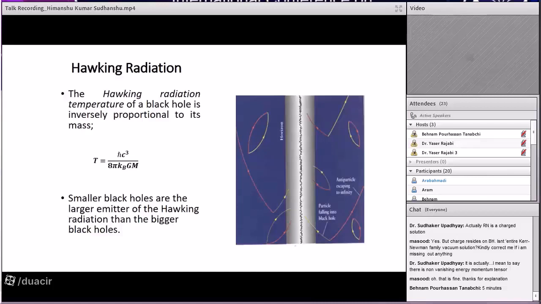A black hole that does not gain energy or mass from the outside will keep heating up by emitting Hawking radiation, and its size keeps on decreasing, and finally it evaporates completely on attaining thermal equilibrium with the surroundings.